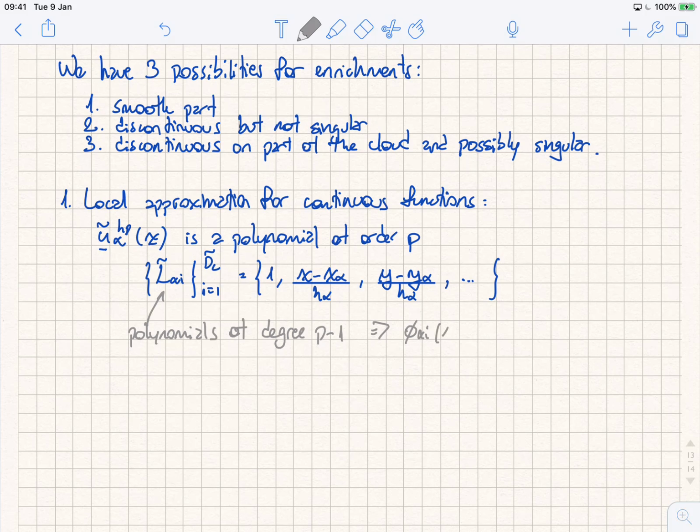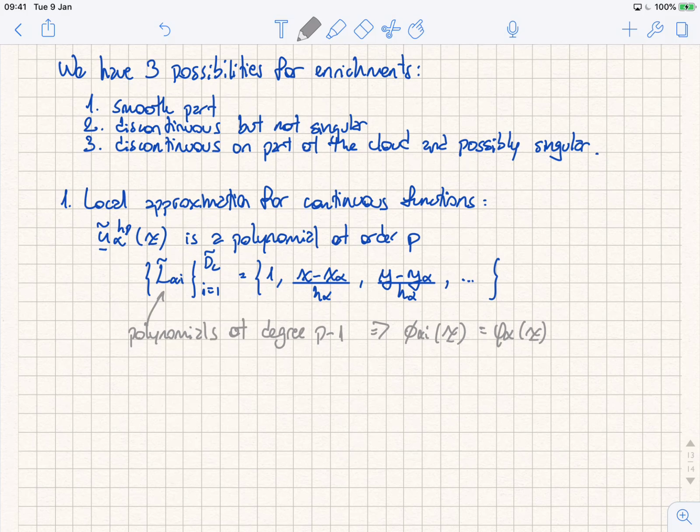Well, my partition of unity is linear, so I just need to enrich with polynomials up to order p minus 1, because when you multiply those enrichments of p minus 1 by the linear partition of unity, then you get a final polynomial of order p.